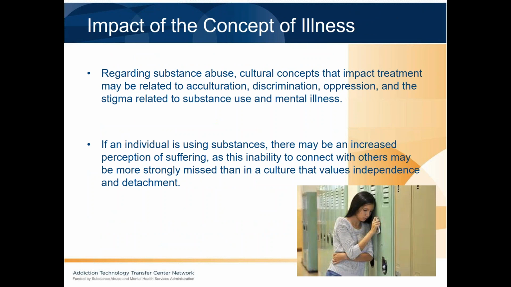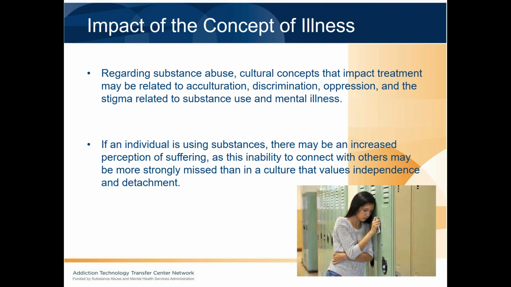So the first thing I'd like to talk about is the impact of the concept of illness. And remember, a couple slides ago, I asked you to think about your own approach when you think about the concept of illness. And so regarding substance abuse and also mental illness, cultural competence that impacts treatment may be related to acculturation, discrimination, oppression, and stigma related to substance use and mental illness. One topic that is emerging in a lot of the literature is the idea of ethnocultural empathy.